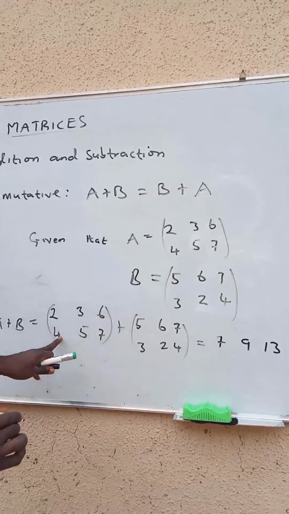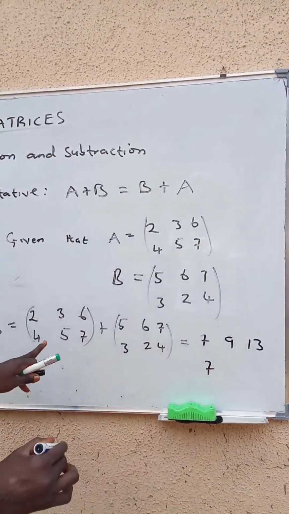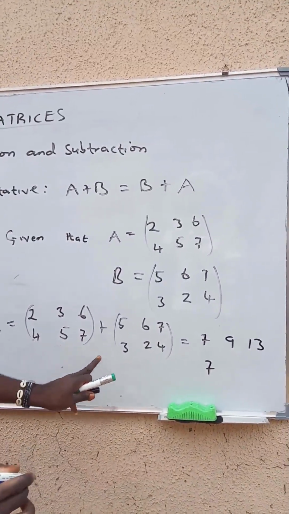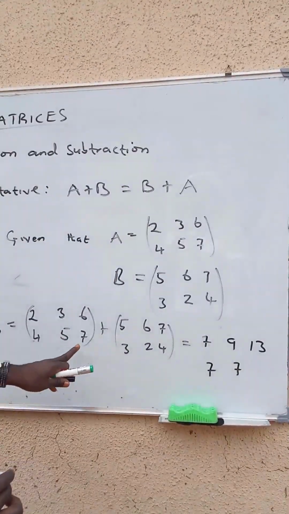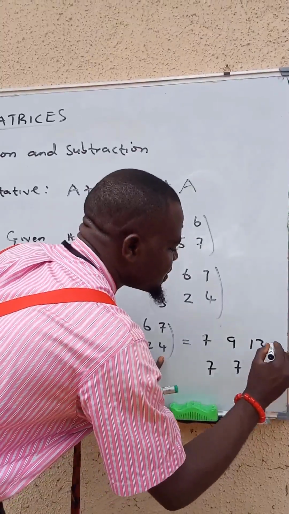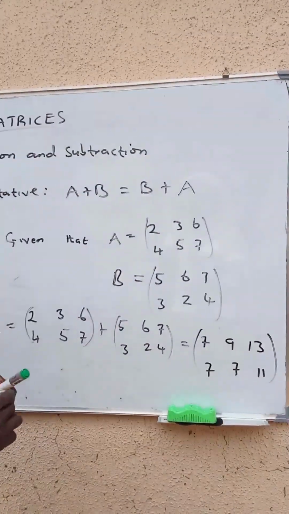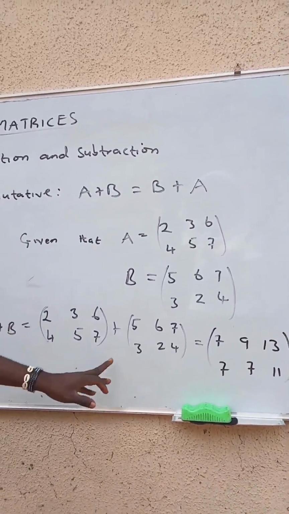Now come to this place. 4 plus 3 is 7. 5 plus 2 is 7. 7 plus 4 is 11. So this is what I have, the matrix. And what I did to have this is A plus B.